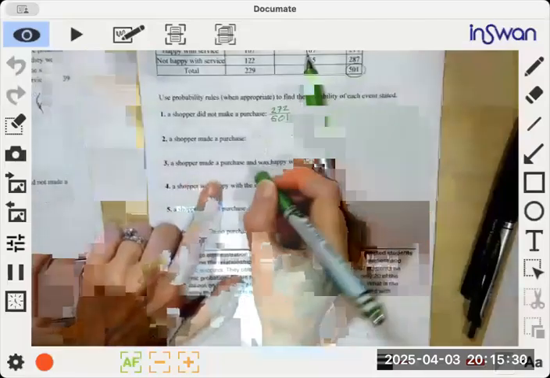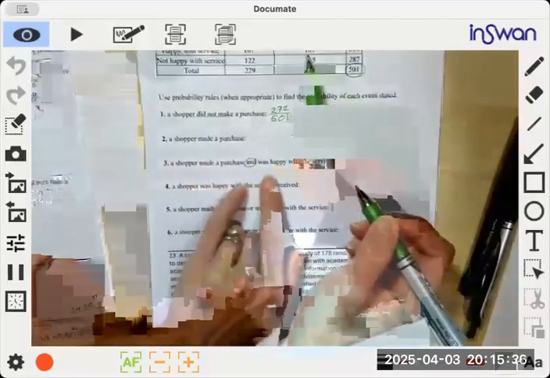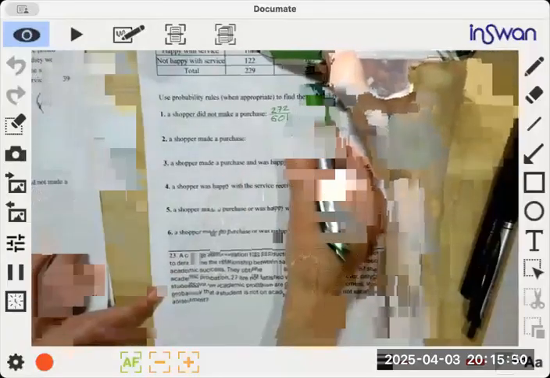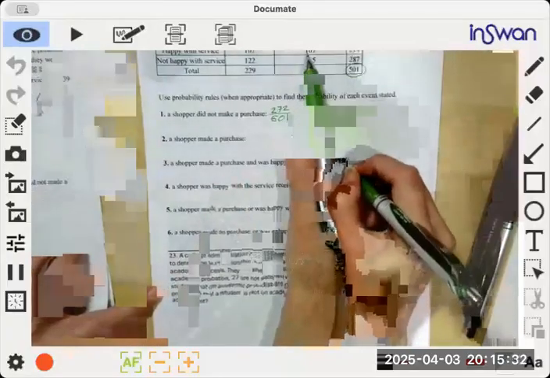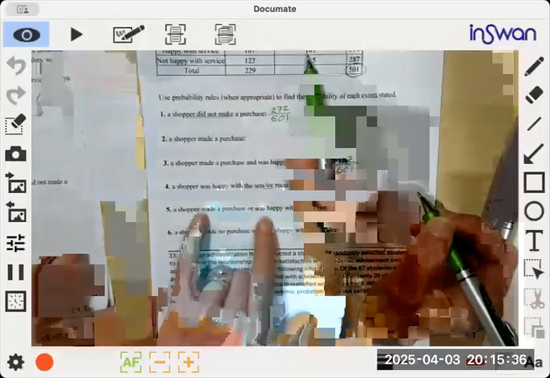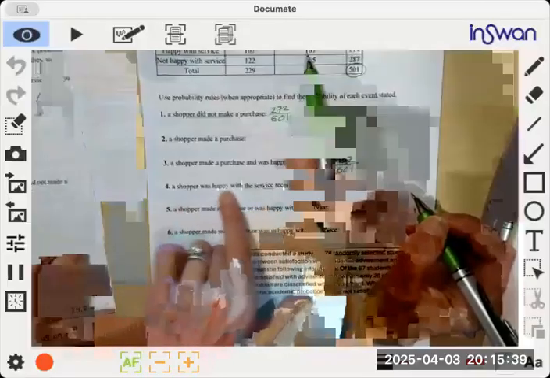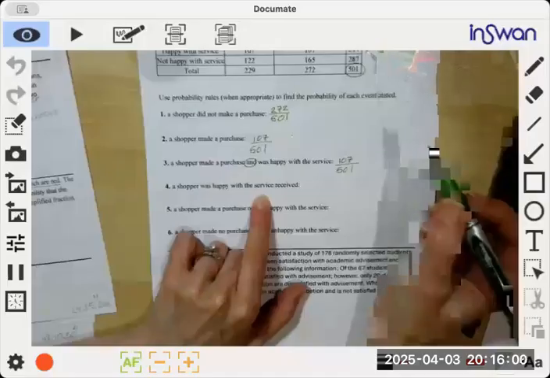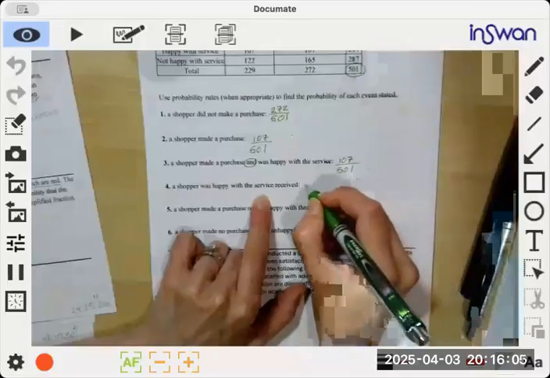The shopper made a purchase and was happy. So we want to find purchase and happy where they intersect. So 107 out of the total. Happy with the service they received. So that's 214 out of 501.